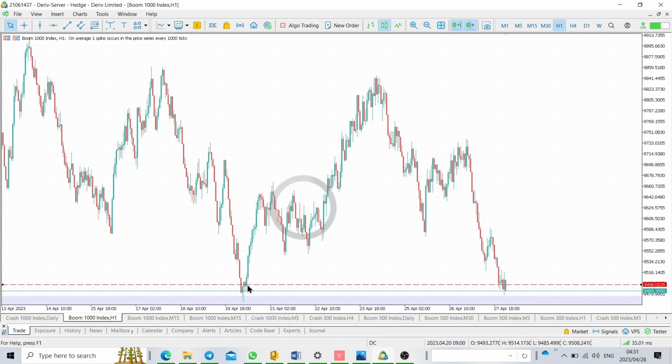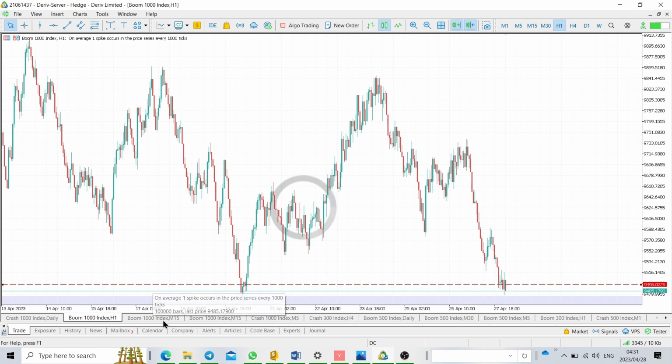I'm anticipating that if there is a rejection on this area, maybe some pin bars or an engulfing candle, there is a likelihood that the price is going to move up and it will form a double bottom and it will go up.